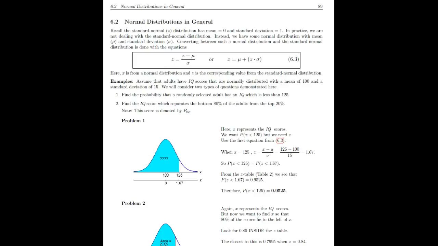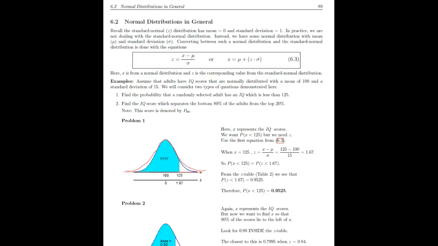Problem 1 was to find the probability that a randomly selected adult has an IQ less than 125. What I recommend you do is first draw your normal distribution curve, and always put a mark at the center of it, which is the mean of 100.